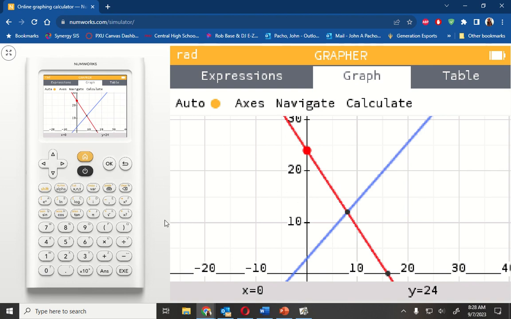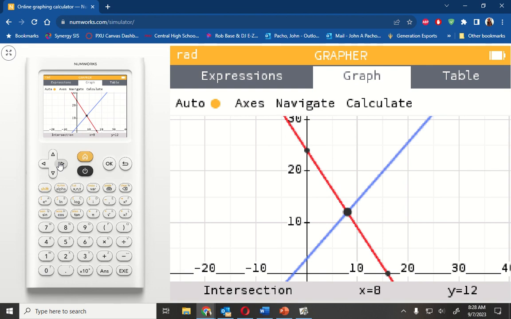Now, if you notice, my coordinates here do not say where it crosses right here. It says 0, 24, so I have to arrow over. And for those people that are paying attention, if you arrow over and you highlight this spot, it will tell you that this is the intersection. That's key every time you plug one of these in and are actually looking for it, that it says the intersection.